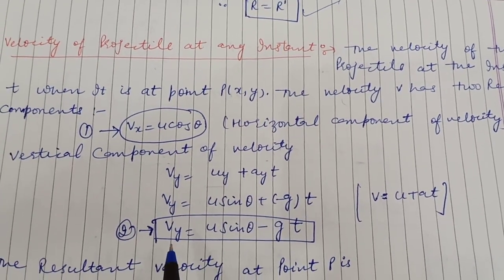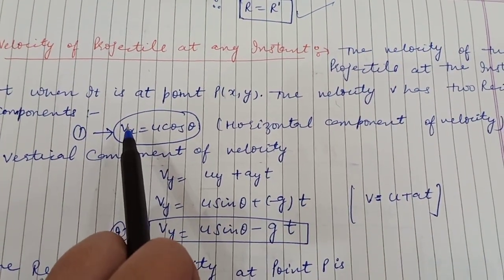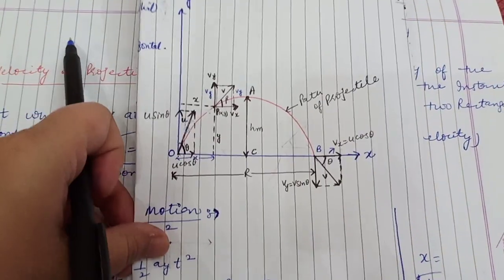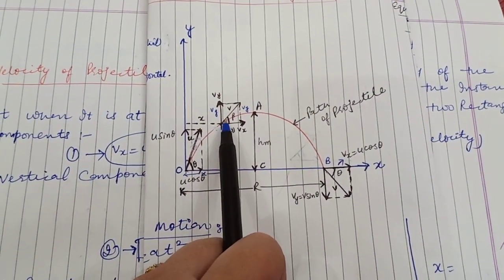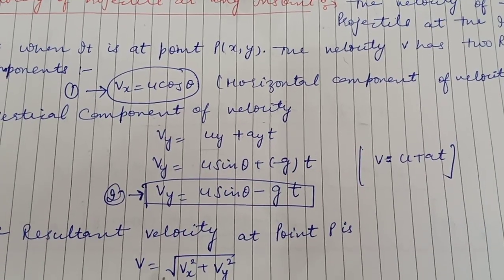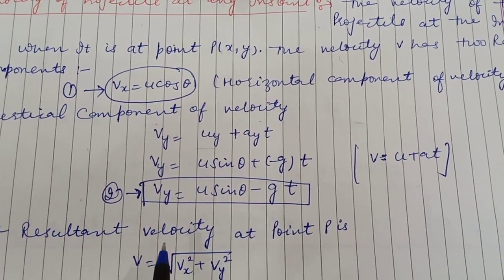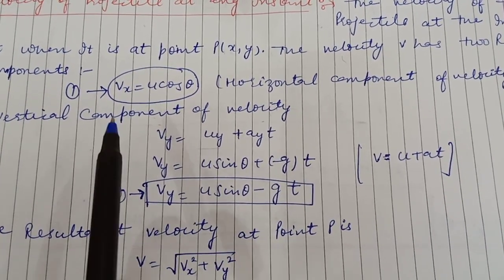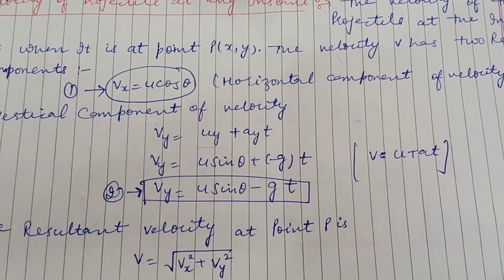So take this equation number 2 and this equation number 1. So the resultant velocity at this point P is V equal to square root of Vx square plus Vy square. So put the values of Vx and Vy in this expression.